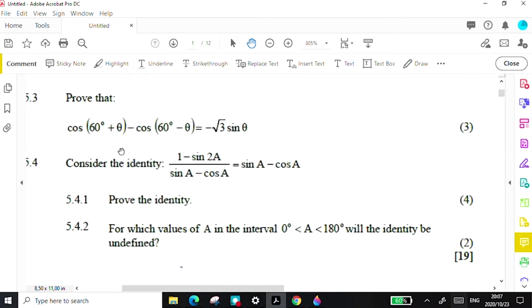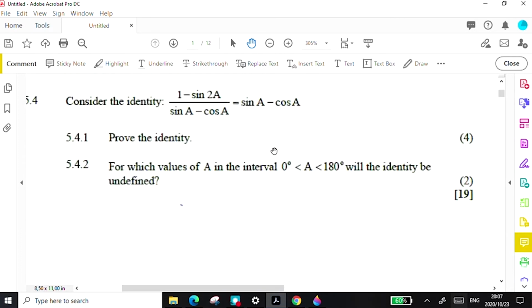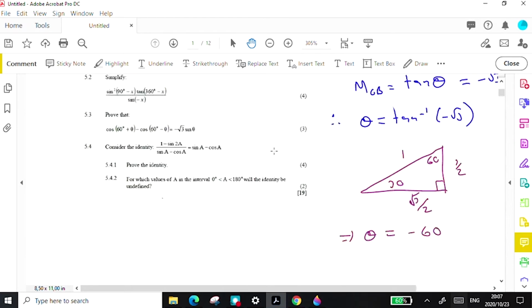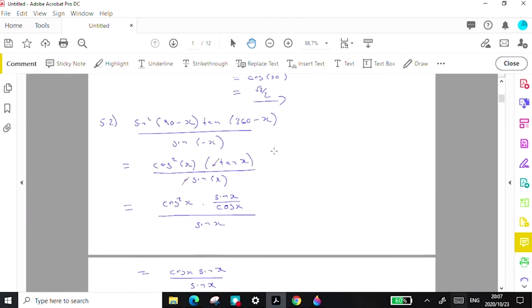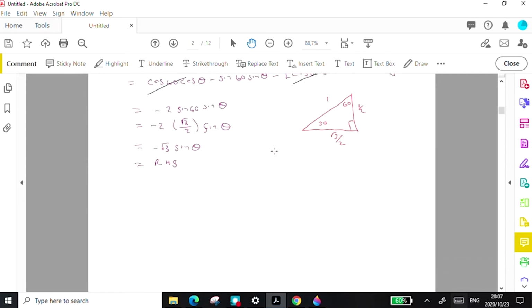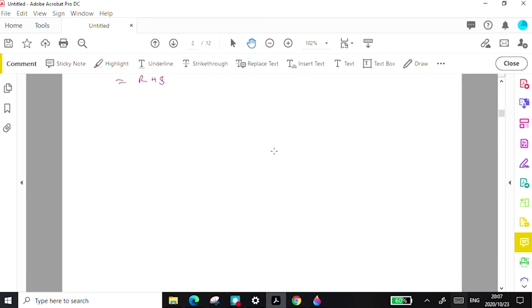So let's start by proving the identity. So we look at 5.4.1.